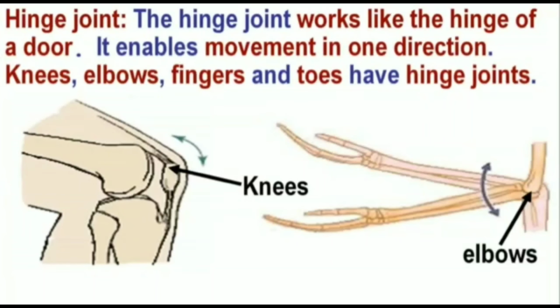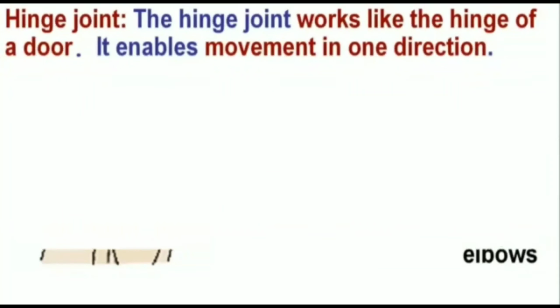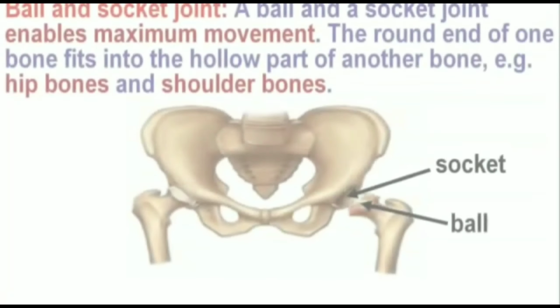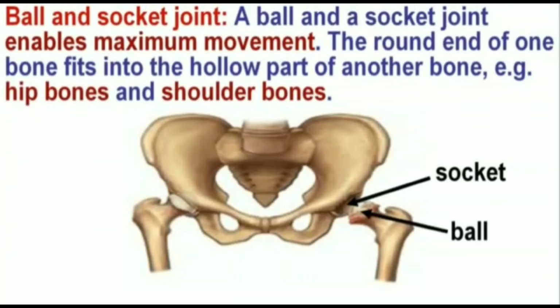As the name suggests, this ball and socket joint has one bone that ends in a ball, and therefore it fits into the socket or the hollow of another bone. The figure on your screen shows clearly that one of the bones has a ball, whereas there is a socket in the other bone where the ball of the first bone fits.